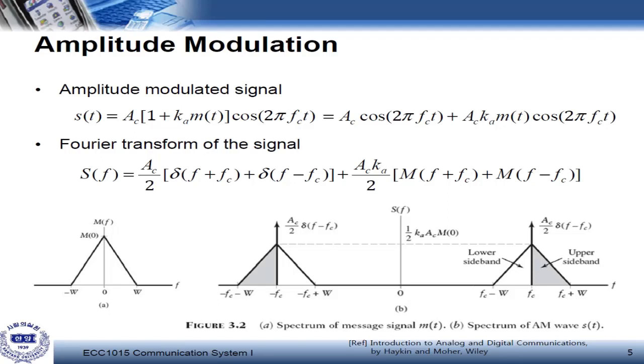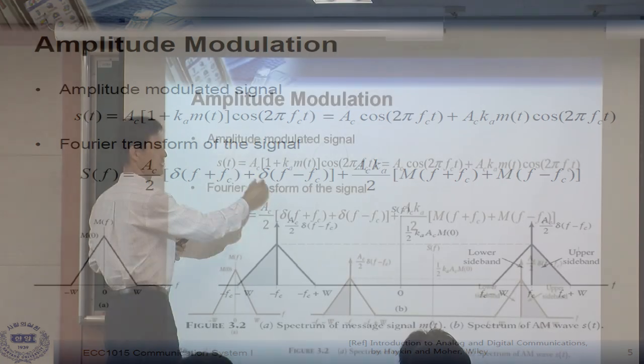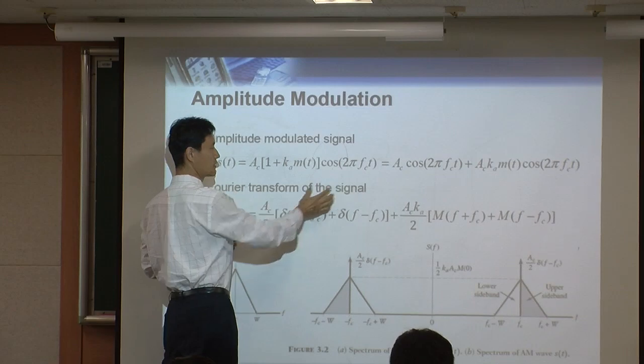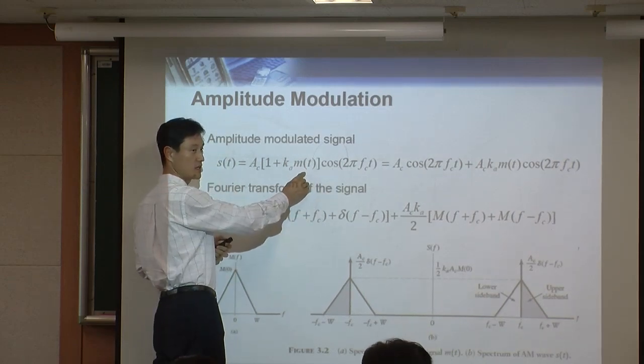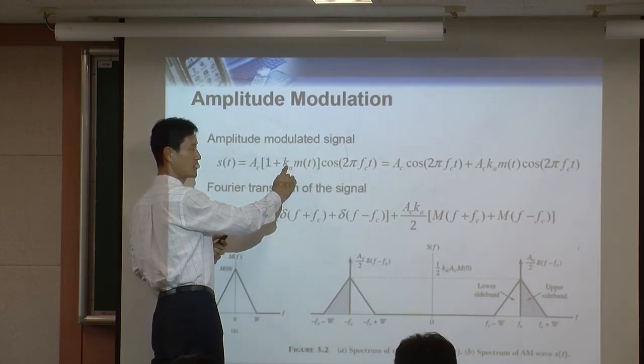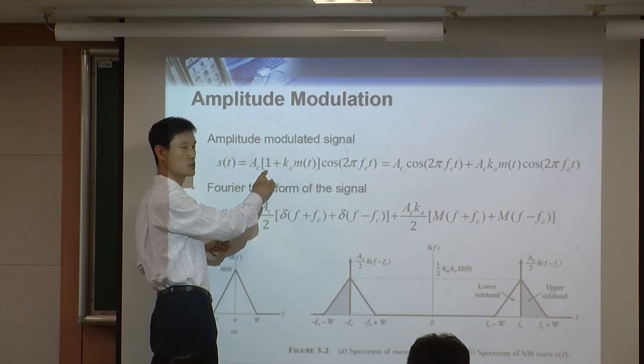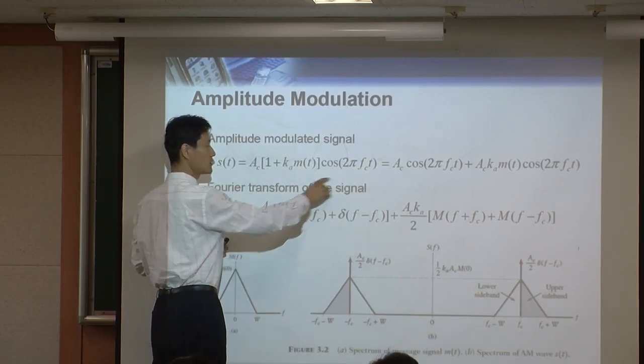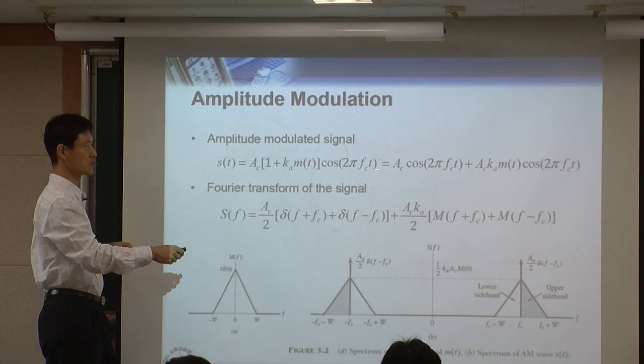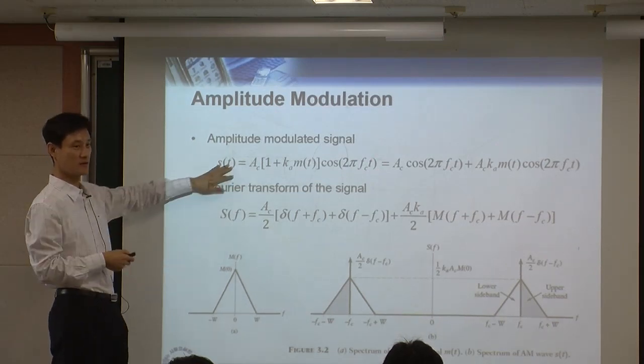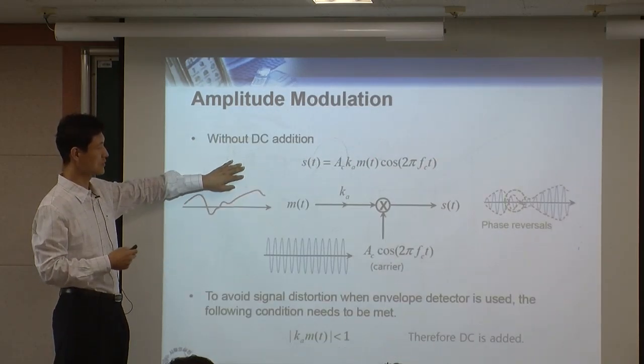This is s(t). In the previous slide, we saw that this was a cosine carrier, and we have a message m(t), and we first multiply Ka into m(t), and then we add plus 1. So this is the signal we transmit over the air. Let's go back to this one here.